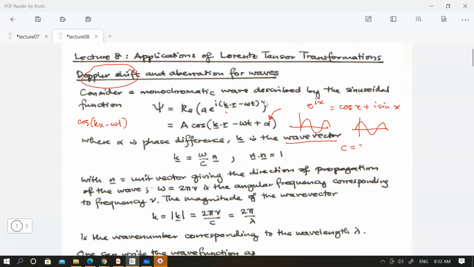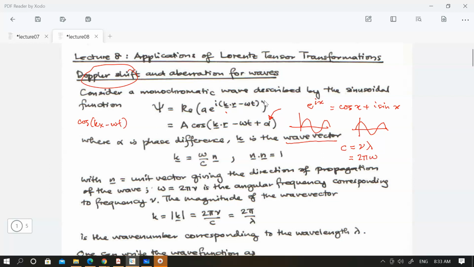Frequency, we normally write this as nu, and then your wavelength is lambda. Okay, so I believe you have seen all this one before. But now what we can try to do is to introduce this angular frequency, and the angular part for your lambda is going to be your k.